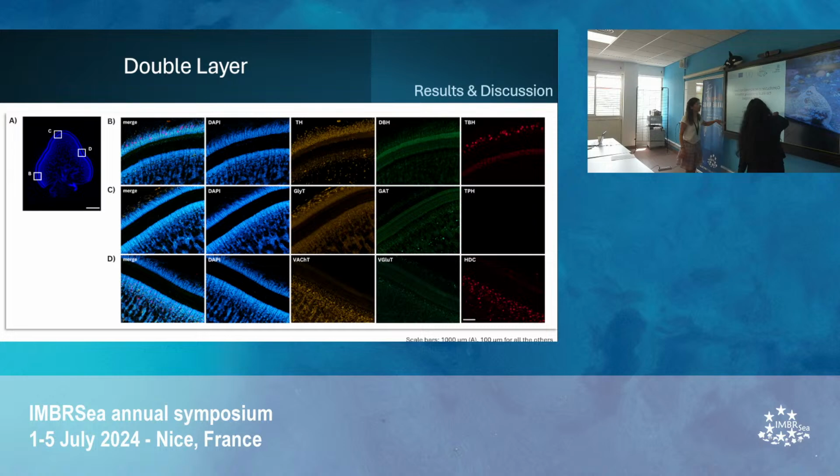For the outer granular layer, we found that the genes TH, TBH, GLIT, and these genes to be more pronounced, whereas we found DBH was more pronounced in the plexiform zone.